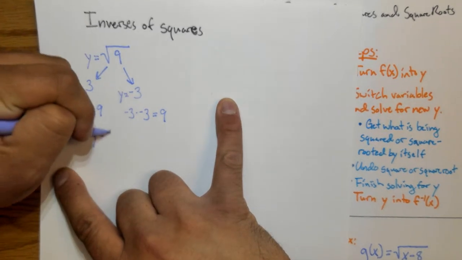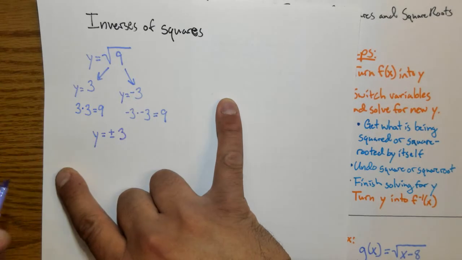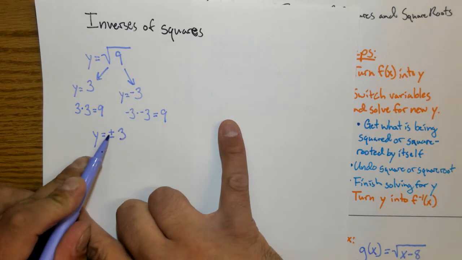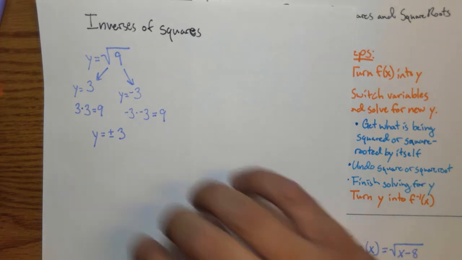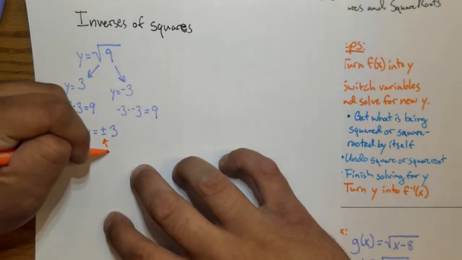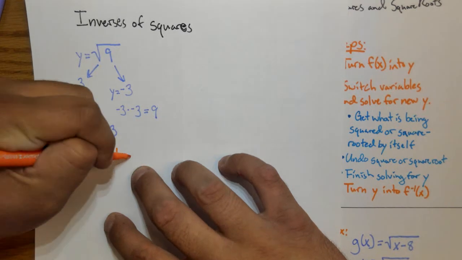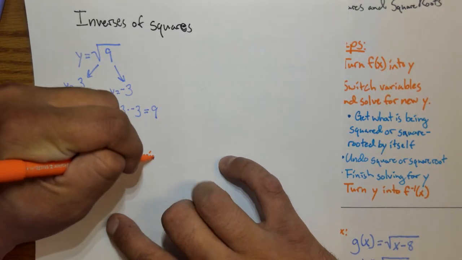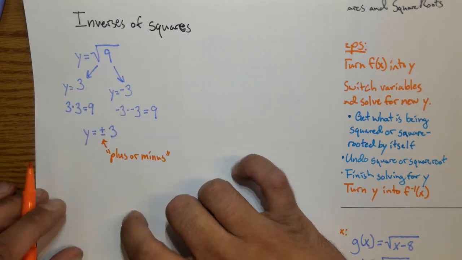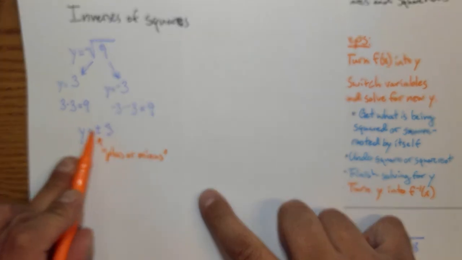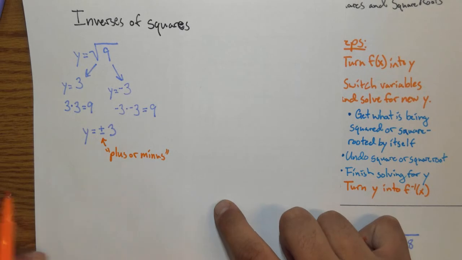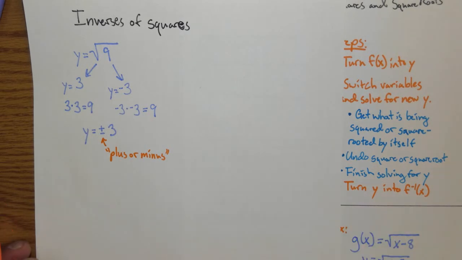Y equals plus or minus 3. And this is the new notation that I want to introduce to y'all. It's read as plus or minus. And it's just saying that you have two answers. One is going to be a positive 3. The other one's going to be a negative 3. So let's keep that in mind as we go through these examples, okay?